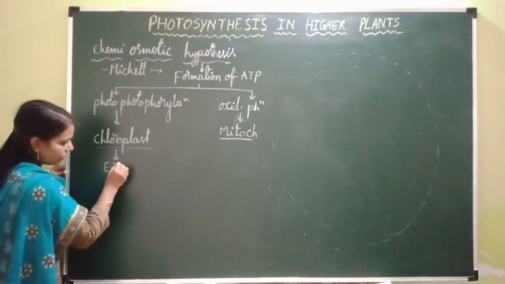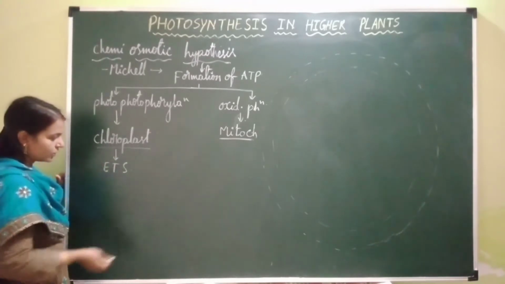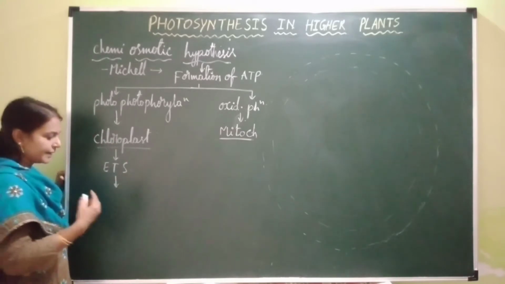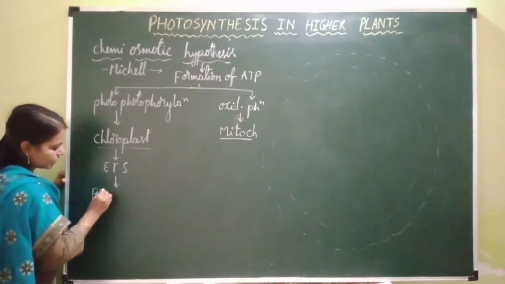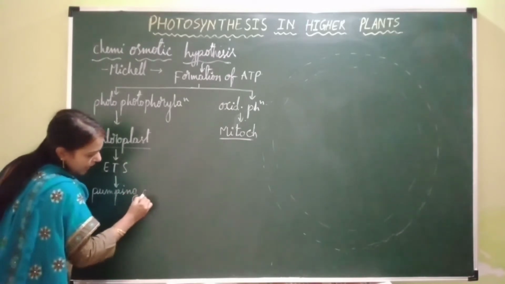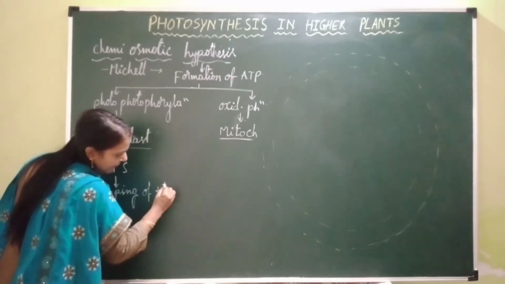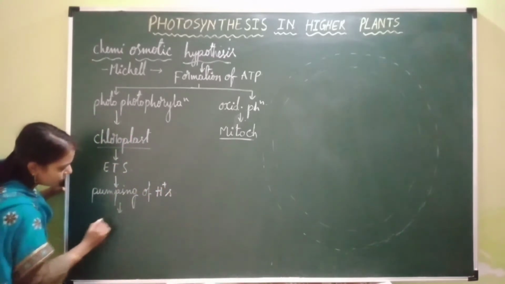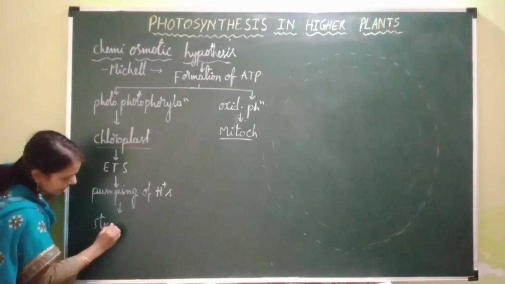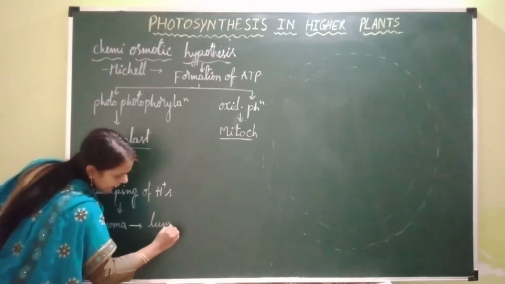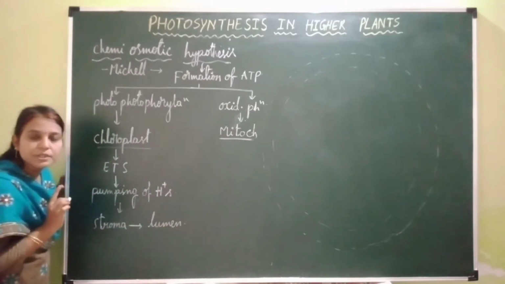During the electron transport system, as the electrons are transported through carriers, there is pumping of protons. When electrons are transported from one carrier to another, protons are pumped from the stroma to the lumen. So inside the lumen, proton concentration increases.